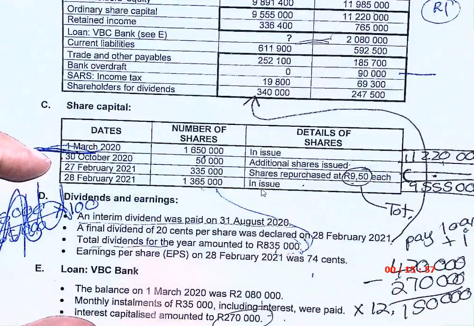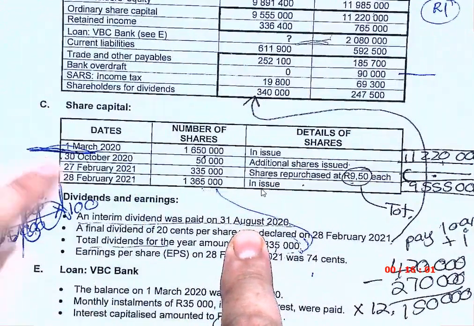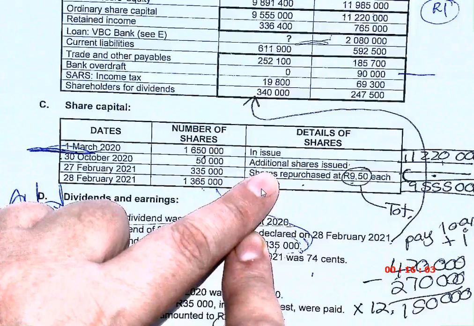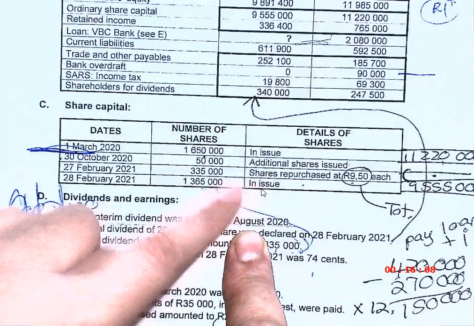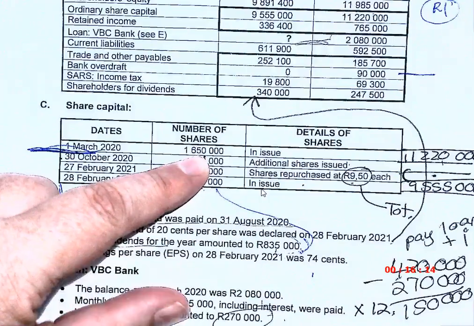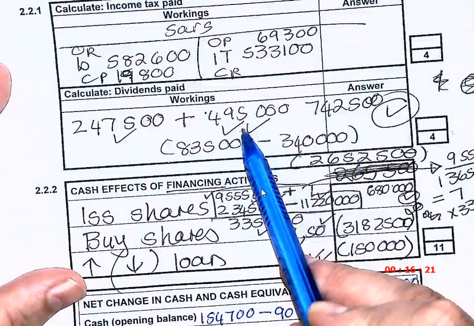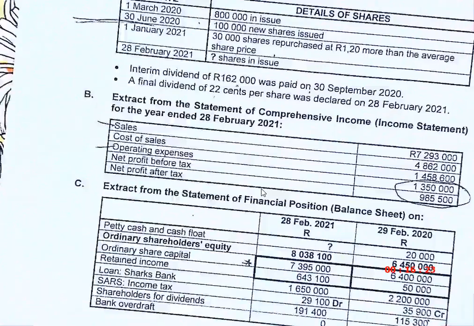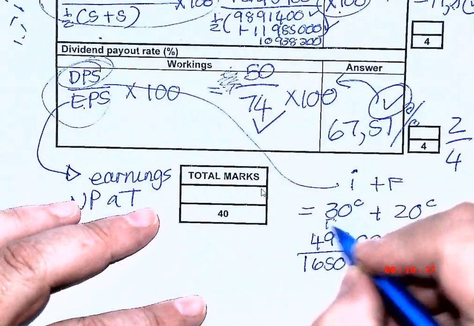So can you see that interim dividend on 31st August happened before the shares were issued and repurchased. So I need to work on that 1,650. Okay? So I take the interim dividend, which I calculated already here. I calculated it here, remember? So now I calculate that it's 30 cents.